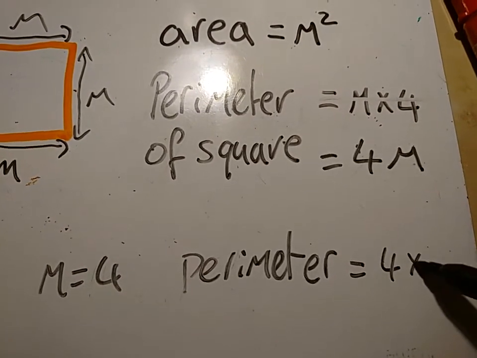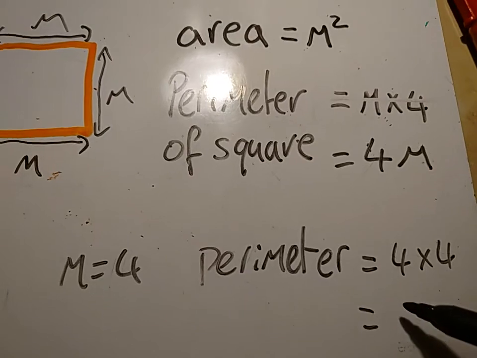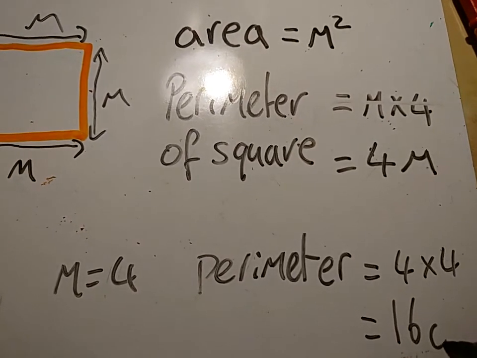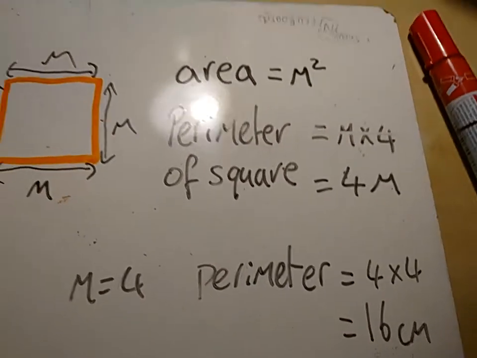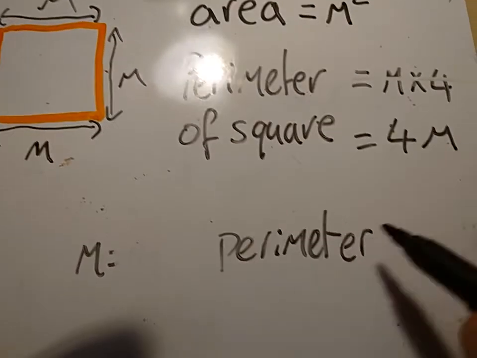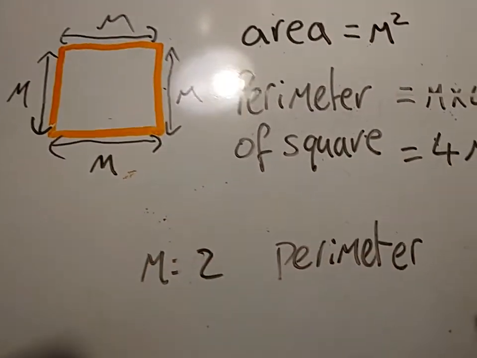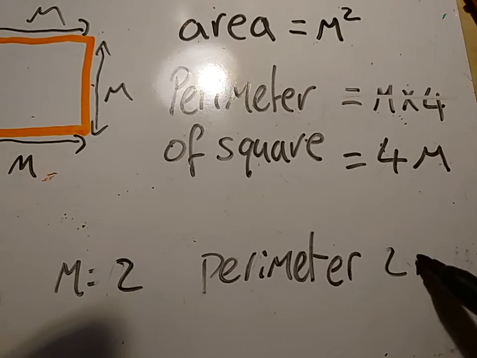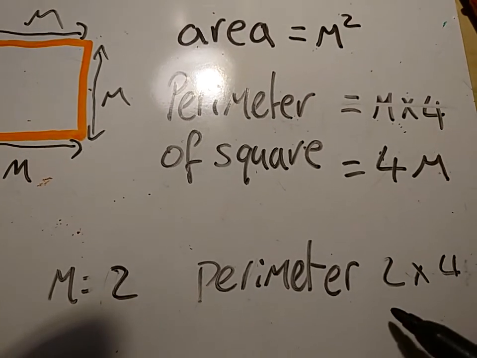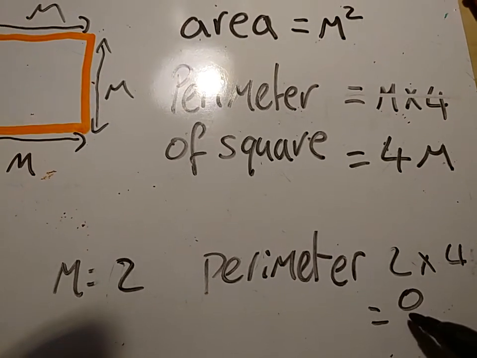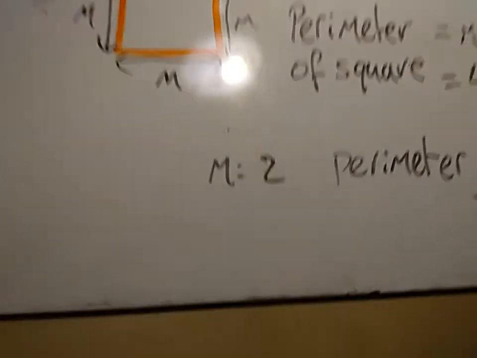So 4 times 4, which equals 16 centimetres. Remember, perimeter isn't squared because it's just the length. Or how about if my length was 2? So if m equals 2, it would be 2 times 4, 4m, which equals 8.